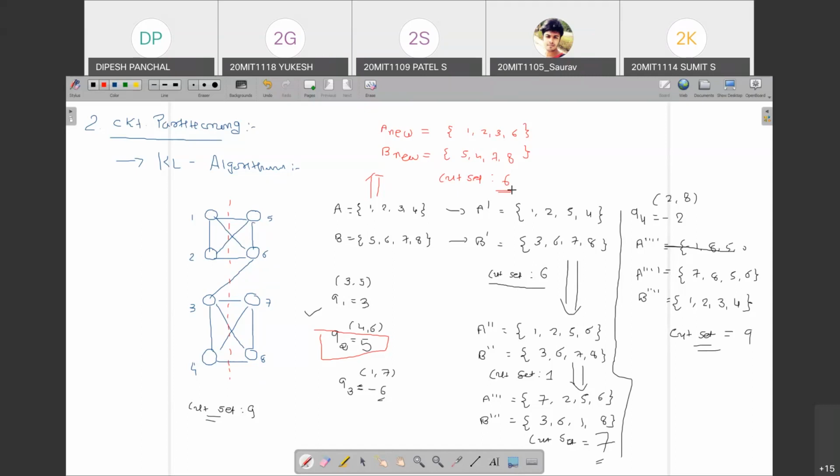But if you see the initial diagram, our expectation is this one: 1, 2, 5, 6 in one group, and 3, 7, 4, 8 in the other group. Because 6 is again too large a number as per the formula.